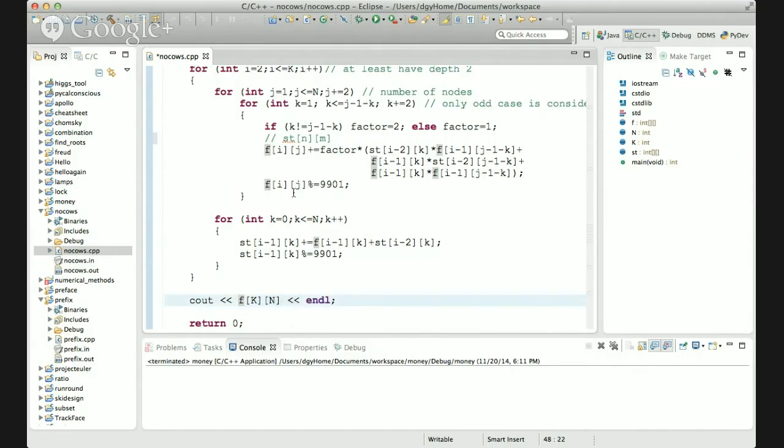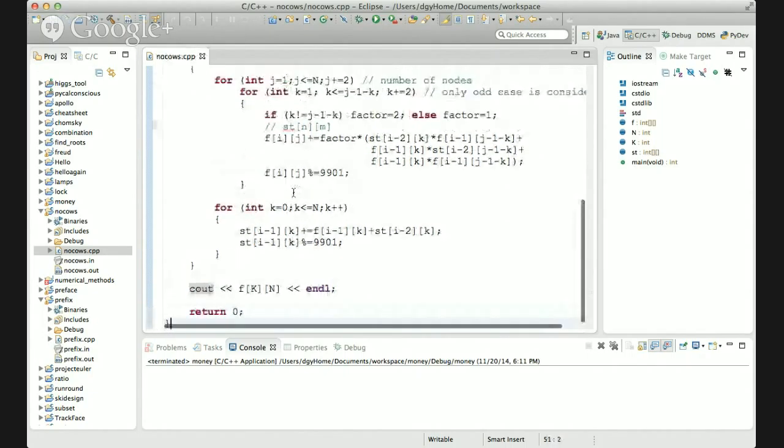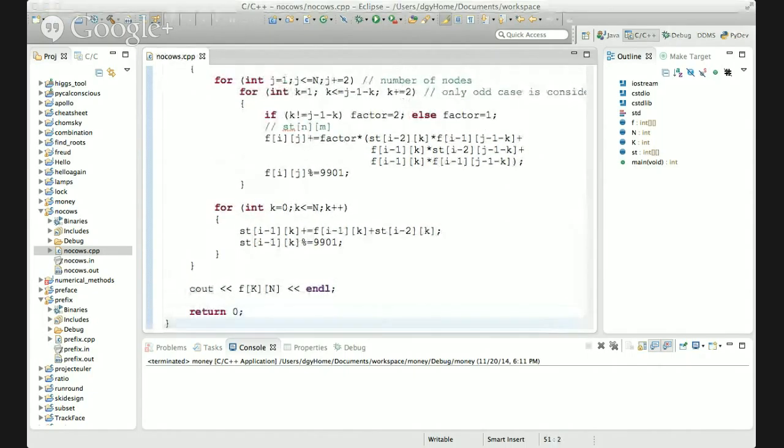Dynamic programming is always like that. You just need to find when the height is k and your node is n, how many ways to construct a tree, and this is the solution. This question is a bit tricky, actually. It's kind of tricky, but we need to know there is a special structure there.